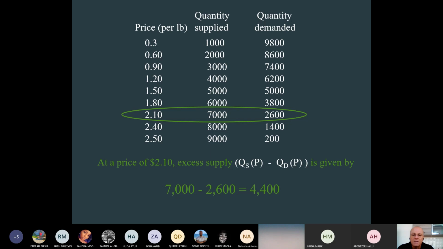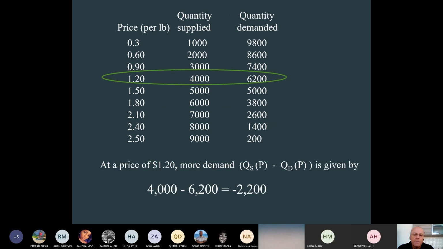When you multiply this by the given price of 2.10, it is around 9,000 units or dollars, which is of course a surplus in the economy. It is excessive, and this should be reduced in the system, which is not good for the economy.